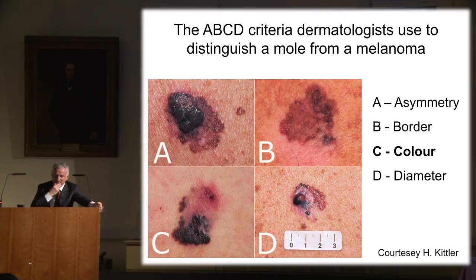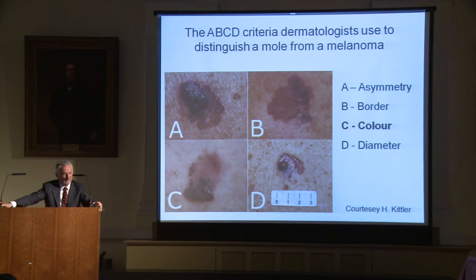And what we use in dermatology is a grading scale, where we distinguish between normal pigment spots or moles on our skin surface and spots which have a higher risk of being malignant. We call it the ABCD criteria: asymmetry, border, color, and diameter. I put it in because of the color differences which might occur in a melanoma. Now, I'm not showing that to encourage non-dermatologists to diagnose a melanoma.